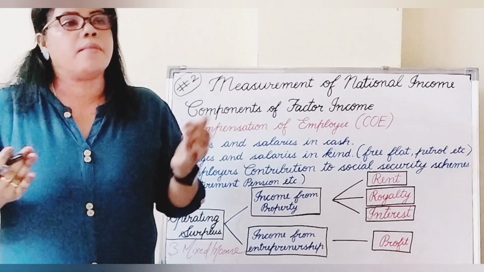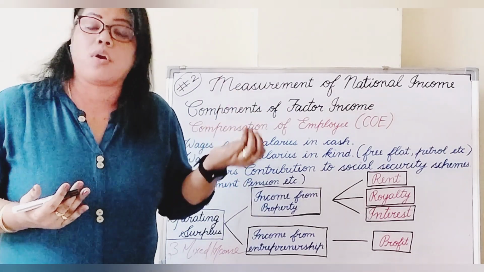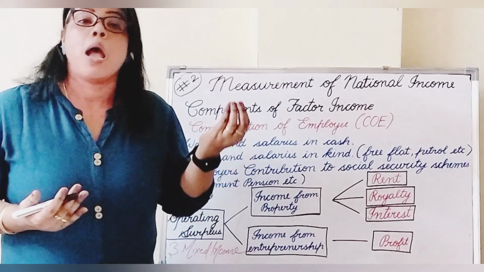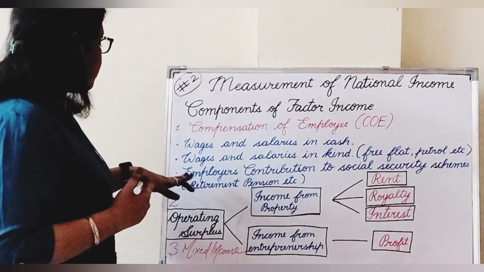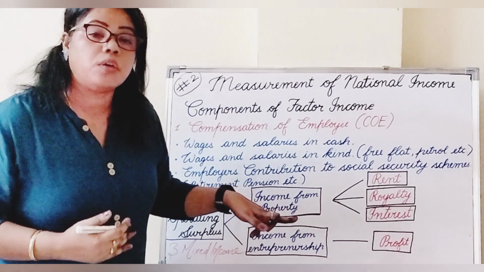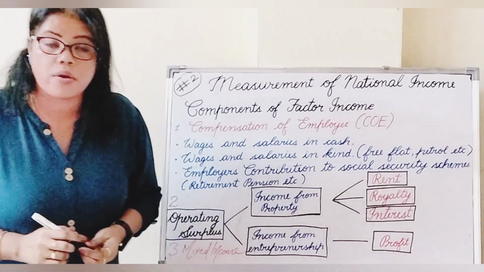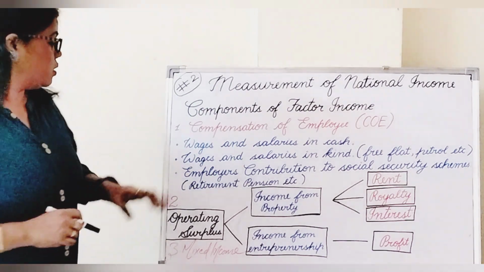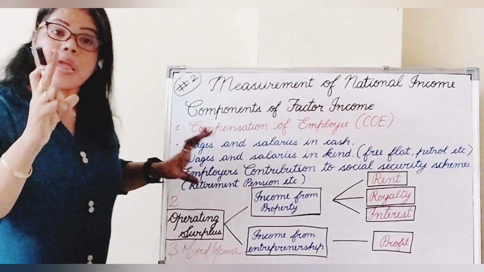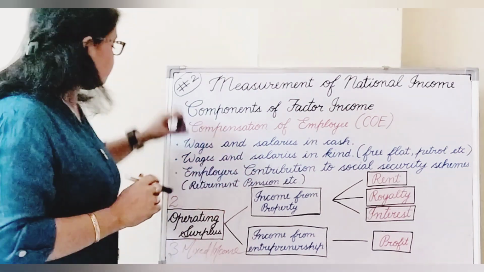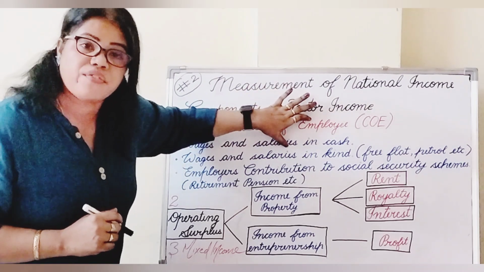At that time, I will get some wages in the form of cash or kind, in the form of pension. Understand? This is what is called employees' contribution to social security scheme. So the first component of calculation of national income by income method is compensation of employees. What is compensation of employees?